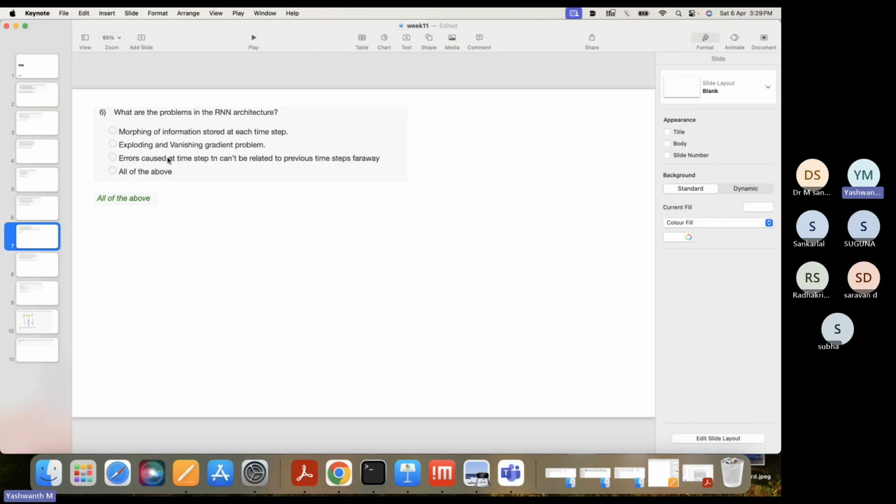And error caused at a time step can't be related to previous time steps far away. Exactly. So that's what I said.